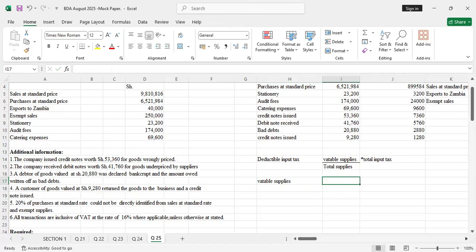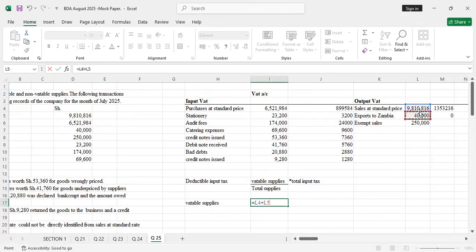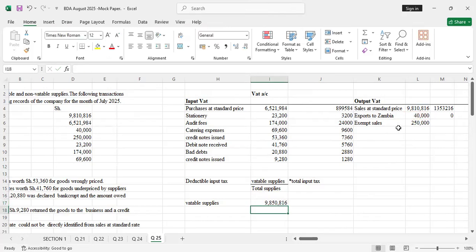So we'll go to the output VAT and pick sales at standard price, because they're talking about VATable supply. So it will be sales at standard price, plus the zero rated, this exports to Zambia. You don't include the exempt sales. Then you enter, and we'll have that as the VATable supplies.